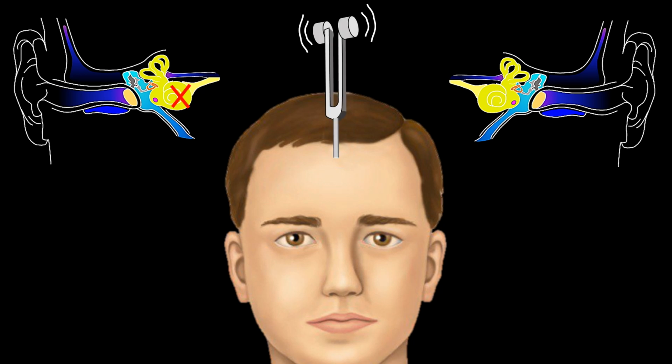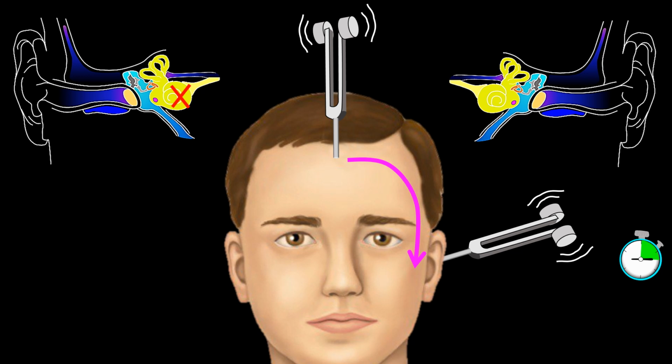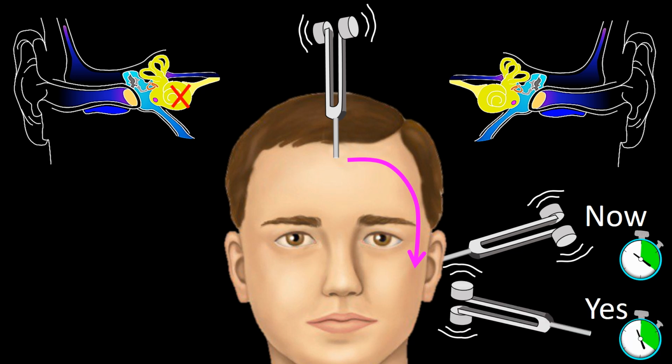In this case, the Weber test results in hearing the sound on the left ear, but not on the right ear. Since the left ear is normal, the duration of the sound of the turning fork in the mastoid will be relatively long, and when the patient no longer hears it, air conduction of the vibrating turning fork will still be heard.